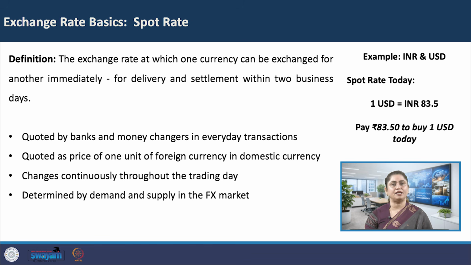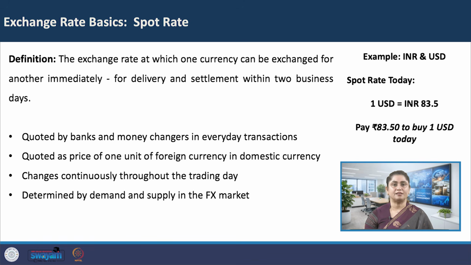We express an exchange rate as the price of one unit of foreign currency in terms of the domestic currency. In India, we would say spot rate is 1 USD equals 83.50 rupees.